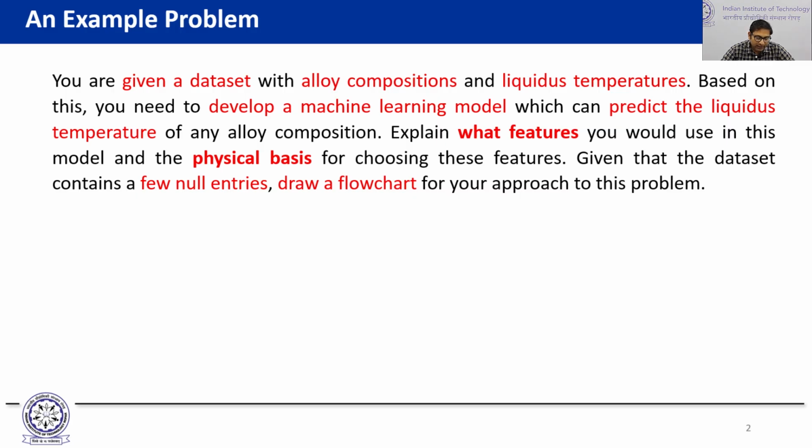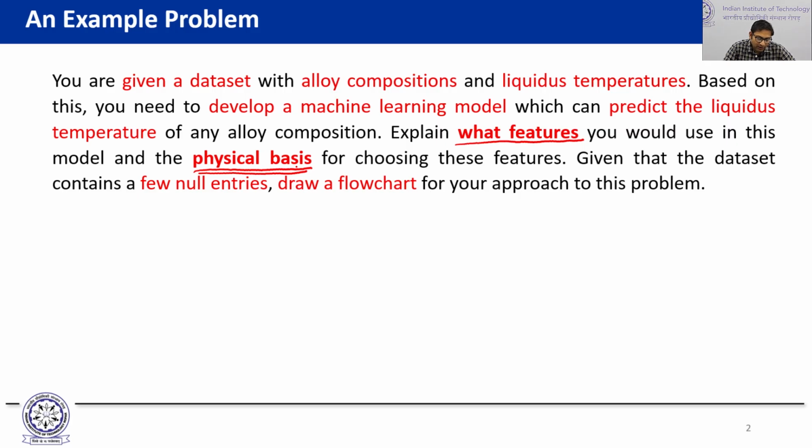So when you tackle a problem like this, the first thing you need to understand is what features would you actually use in this model, and then because you want to do the feature selection using the concepts of materials engineering that you would have studied in your other courses, you would like to select these features with some physical basis. You don't select the features randomly. There has to be a physical reasoning behind why you select these features.